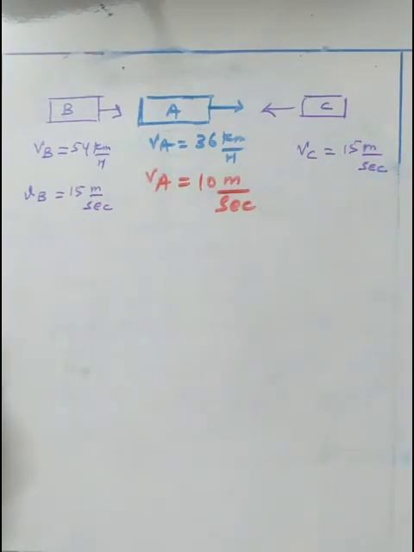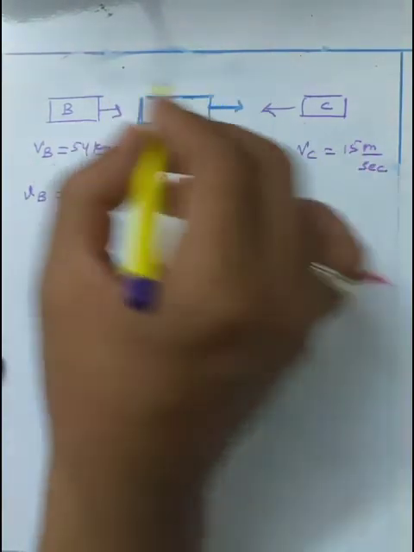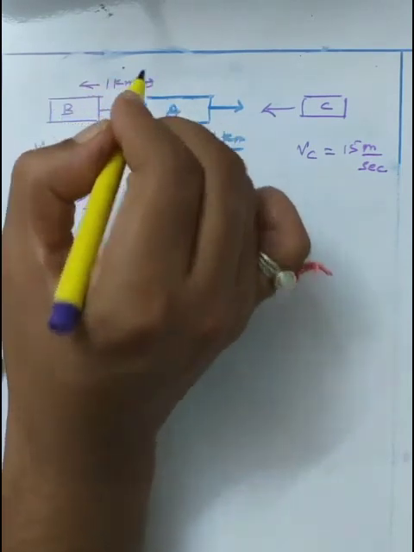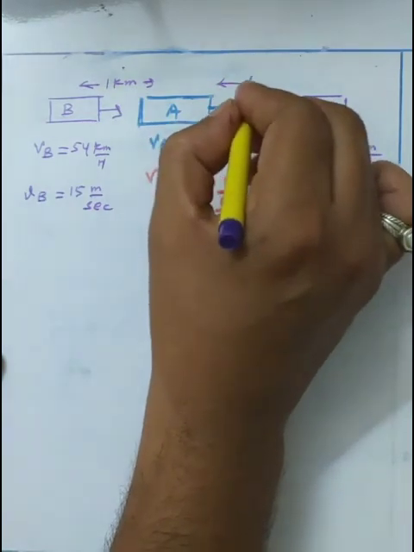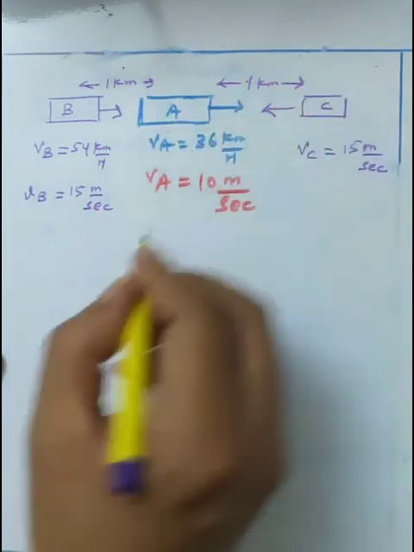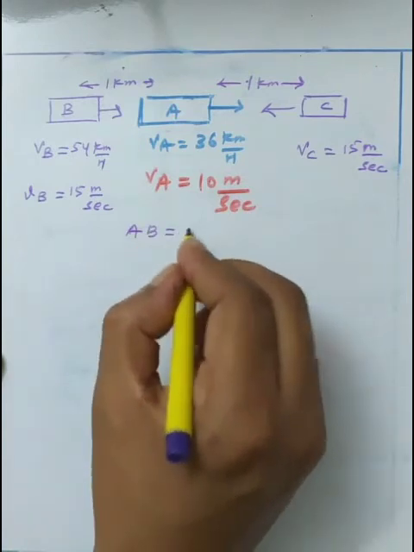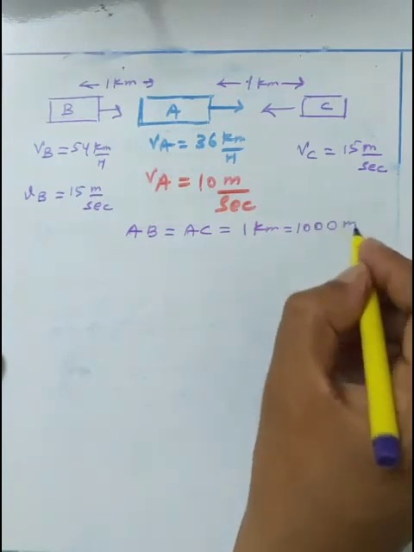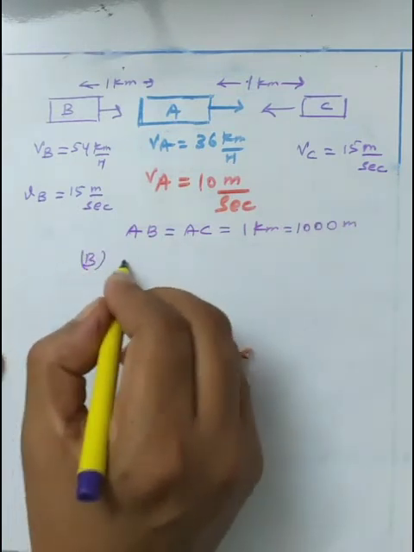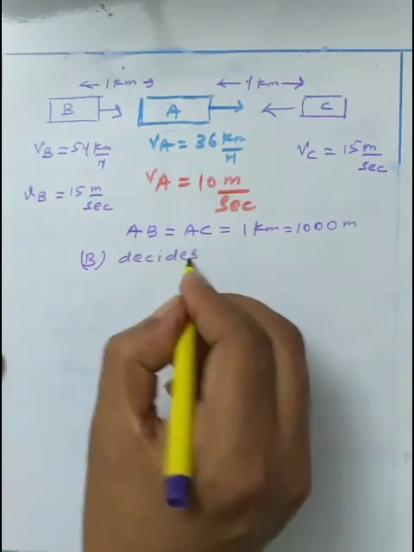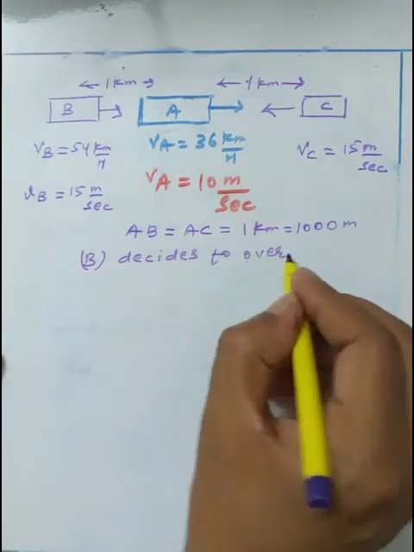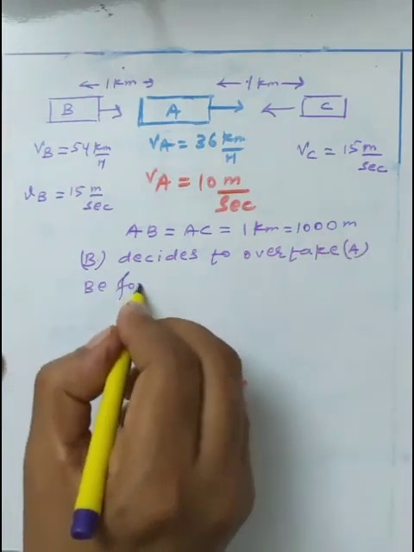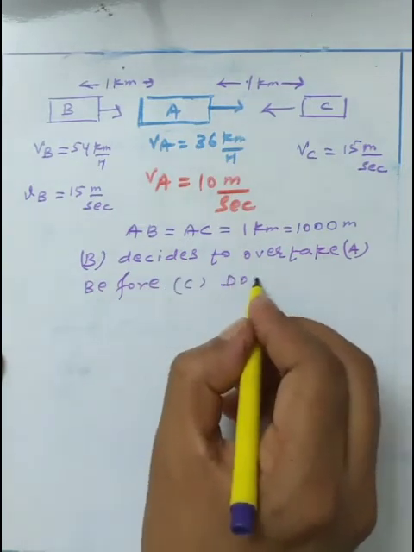When AB is equal to AC, that is 1 kilometer, which is given in our question, that is 1000 meters, B decides to overtake A before C does.